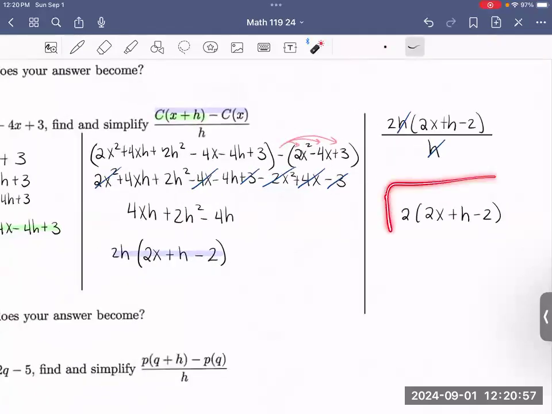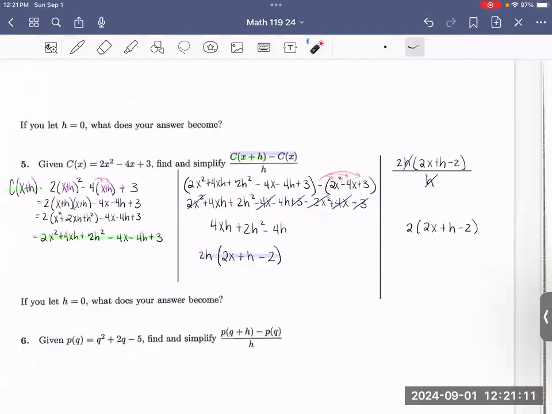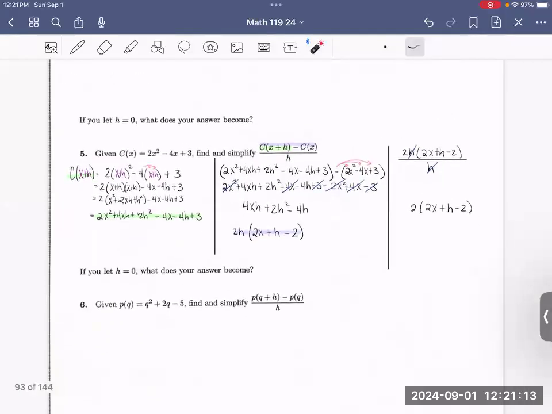This is just the better of the 2 answers because, again, simplifying, we want to make sure it's setting us up for future work, to have a little bit easier of a time. So it says, if you let h equal 0, what does your answer become?